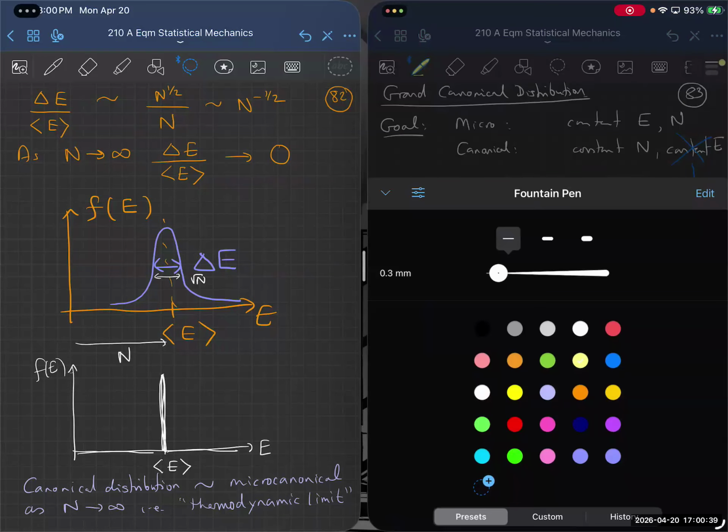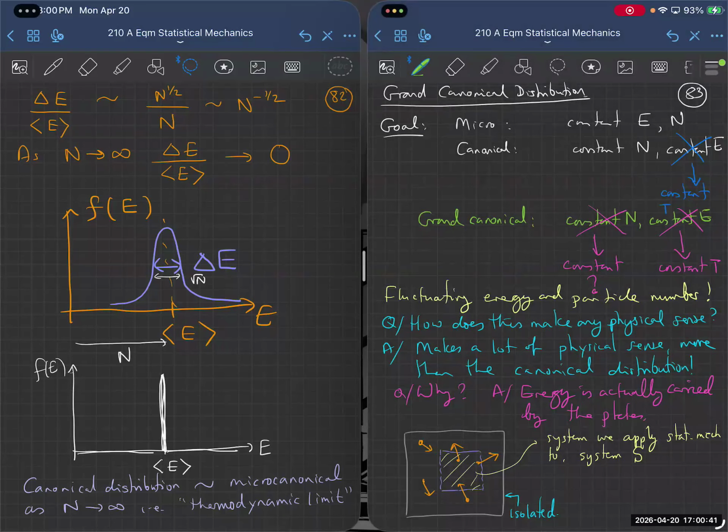And then the thing that is on the outside of all of this stuff, what is that called? The universe? No. The reservoir. This is the reservoir.